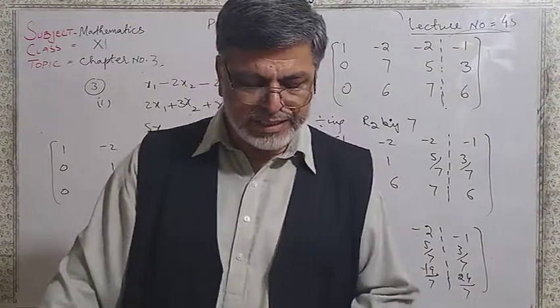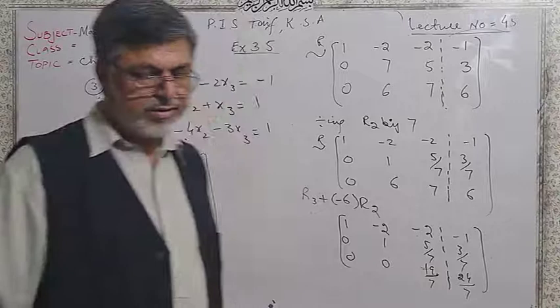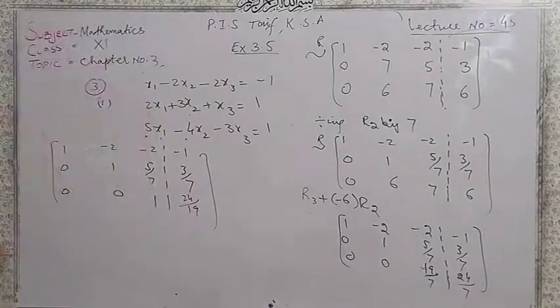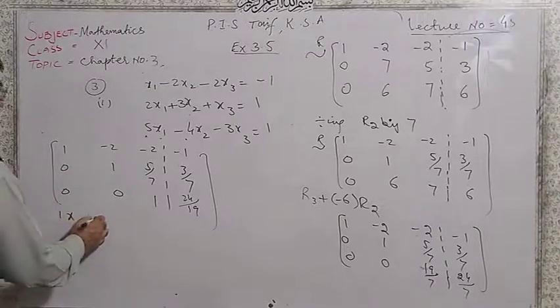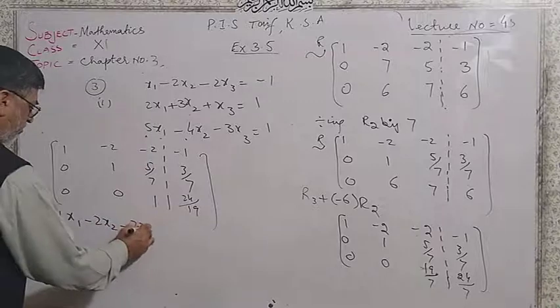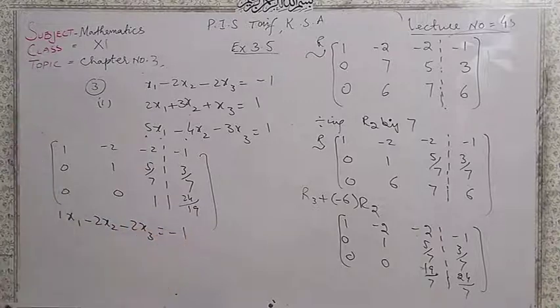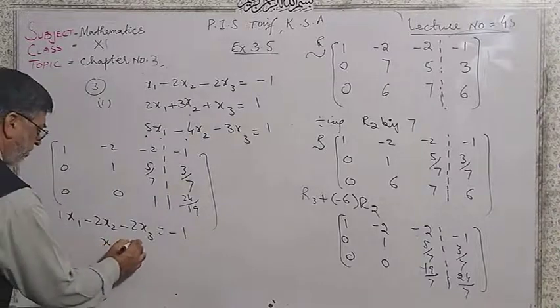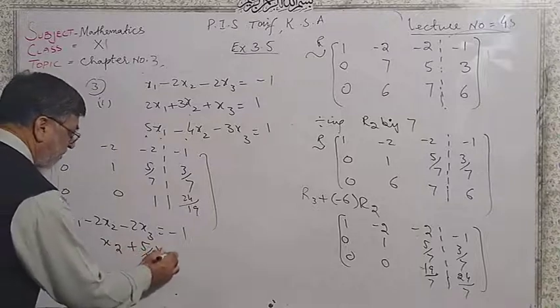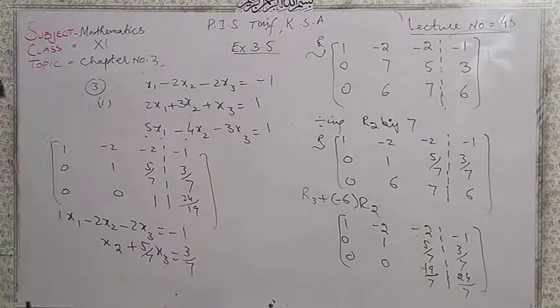So we can have, remember that this is echelon form. From this echelon form you can have 1x1 minus 2x2 minus 2x3 is equal to minus 1. Convert them again into the equation form. This will be x2 plus 5 over 7 x3 is equal to 3 over 7.